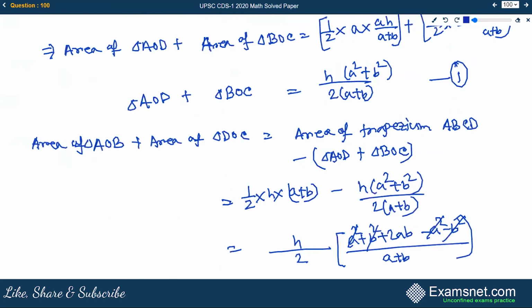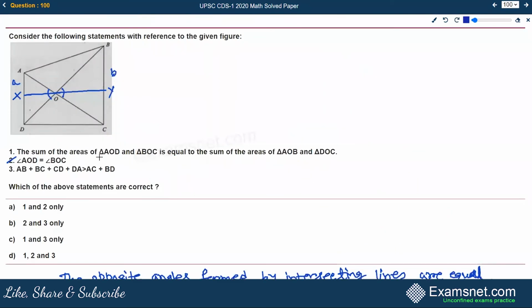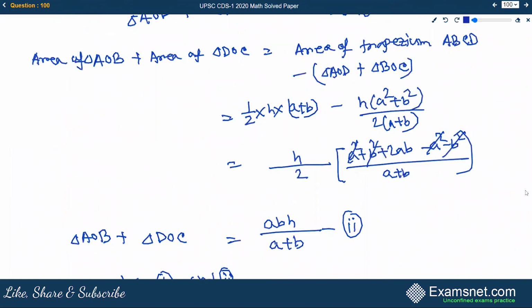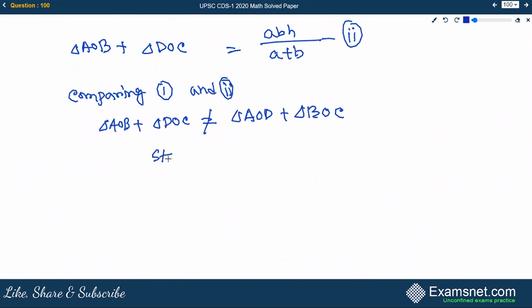So hence the first statement, the sum of the areas of triangle AOD and triangle BOC is equal to the sum of the areas of triangle AOB and triangle DOC, that is not correct. So statement 1 is not correct.